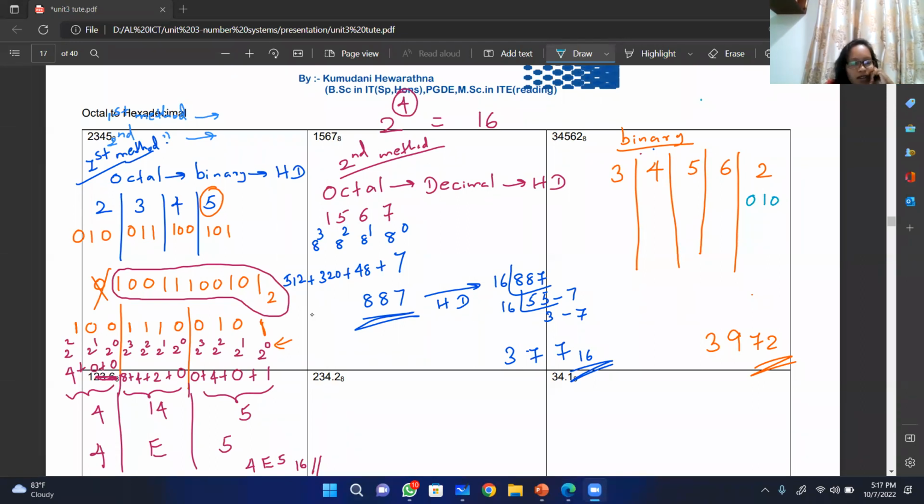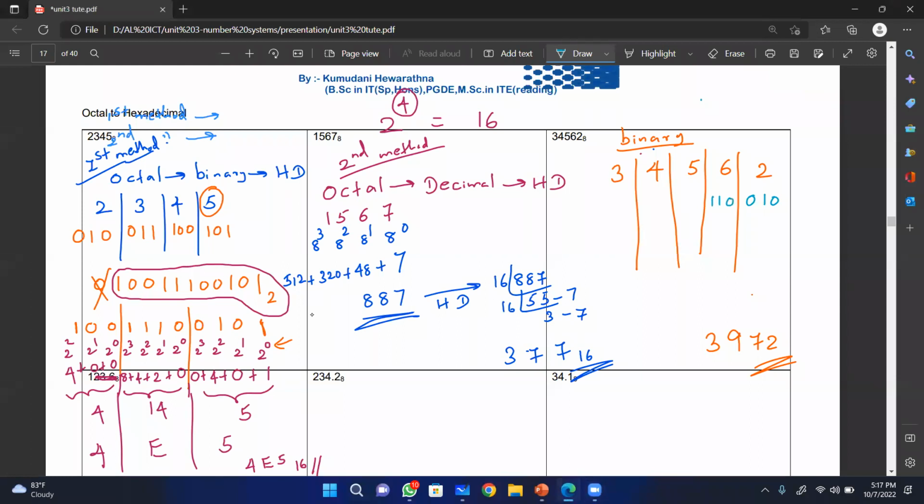Dilumi is not there. Yumika, 6. What is the binary value? 110. Yes, good. Next, Gauravi, 5. 101.